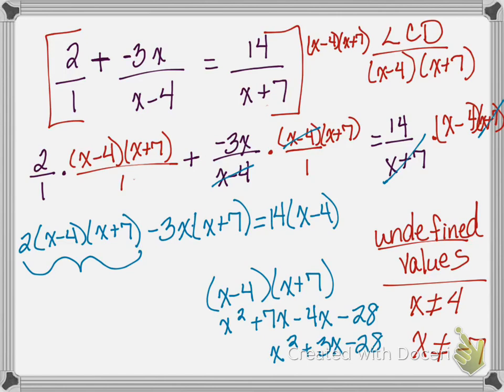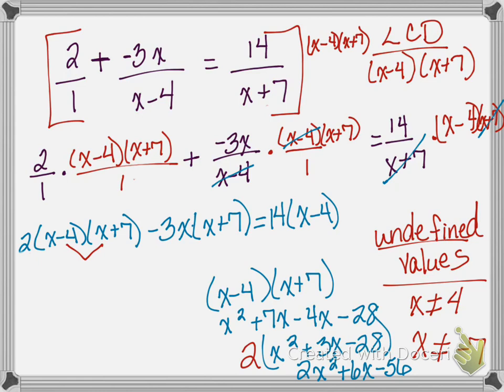What do I now have to multiply that by? 2. So I multiplied these 2 together. Now I've got to multiply the 2. So now I have 2x squared plus 6x minus 56.